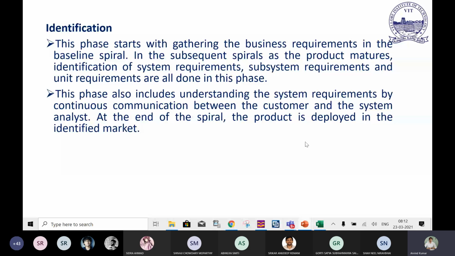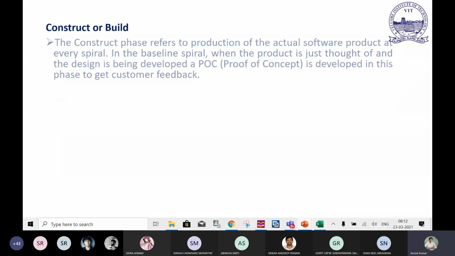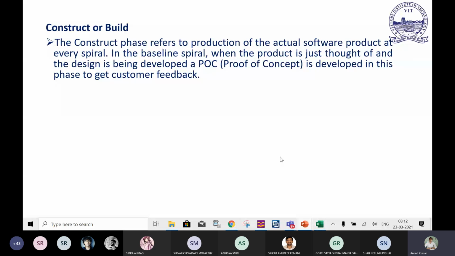In the design portion, you know what's in the design portion. The design phase starts with the conceptual design in the baseline spiral and involves the architectural design, logical design of modules, and the physical product design and the final design in subsequent spirals. And in the construct and build phase, which is particularly called the coding phase, the construct and build phase refers to the production of the actual software product at every spiral.